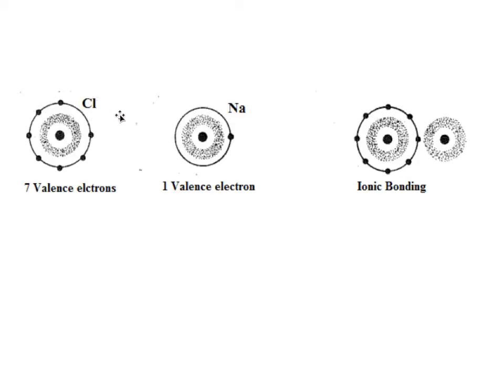So we get a chlorine ion with 8 electrons in the valence shell, which is negatively charged, and the sodium will lose 1 electron, which means that the sodium atom will be a positively charged ion. So now we have 2 ions, 1 negatively charged and 1 positively charged, and they will be attracted to each other. They will approach each other and end up at a certain distance from each other.